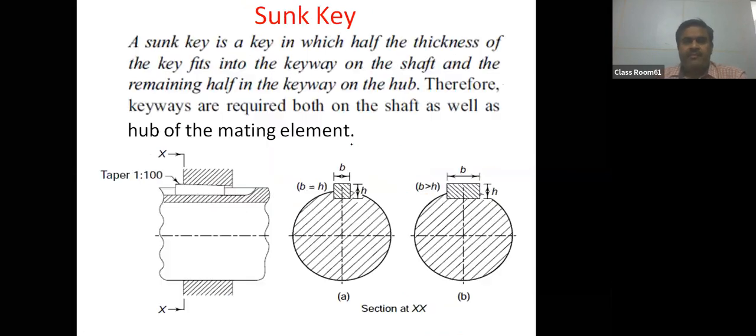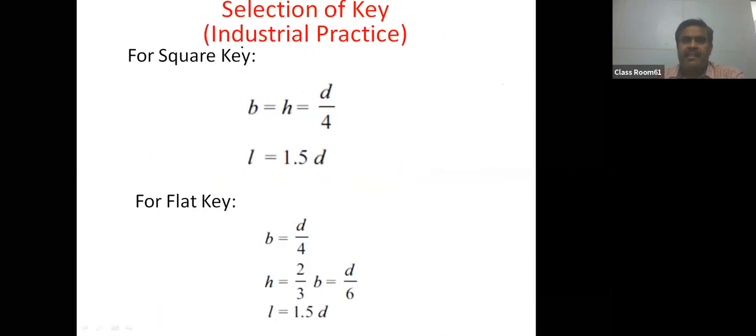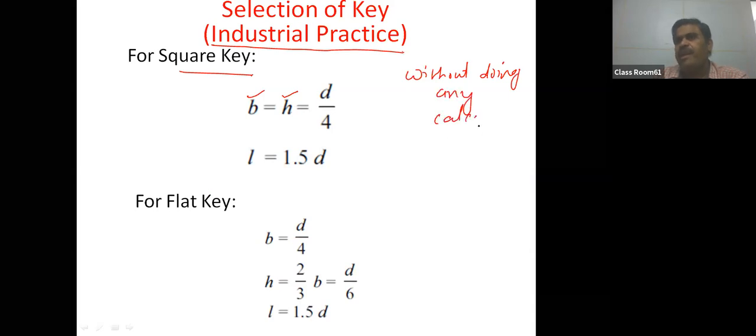So saddle key we have completed, sunk key we have completed. It is industrial practice. So we will discuss for the square key, where the width and the thickness are equal, without doing any calculation of the forces and any calculation of the stresses, without knowing what forces are coming on the key, what stresses are coming on the key.